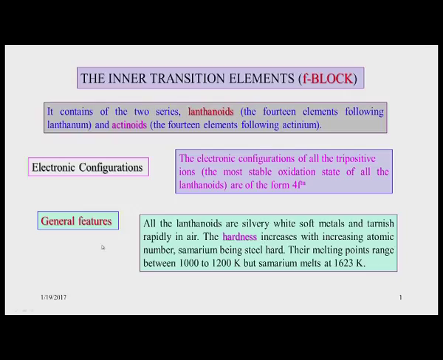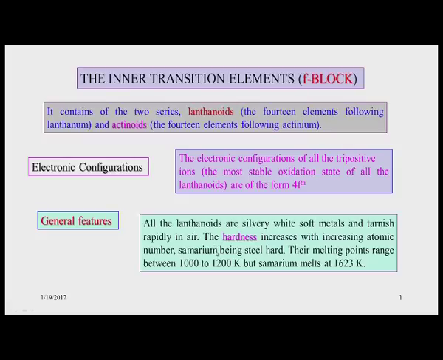So, what are the general features in the elemental state, what we get from the different ores, and we will also see very useful and well known ores like monazite. We will see what this monazite is, like our pyrolusite, hematite and magnetite ores. These lanthanides are silvery white soft metals which tarnish if we keep them in air, because an oxide layer is forming, some oxidation can take place.